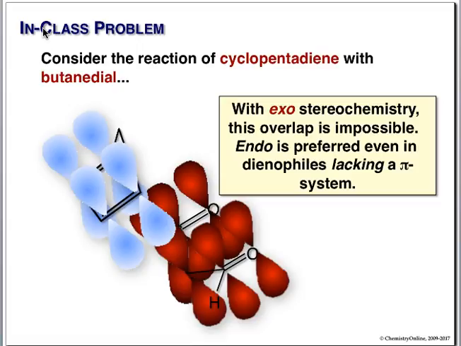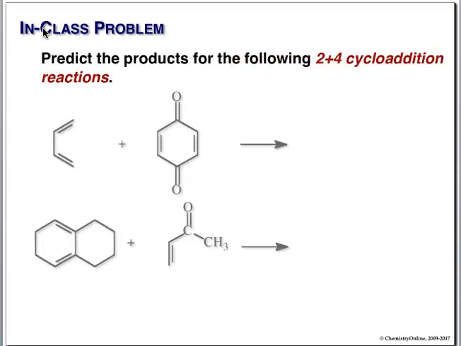Now with something like the carbonyl group, it's really easy to see. That's why I used it. But it also works on systems that don't have a pi system at all. Again, there are electrons there. The electrons like to snuggle up with other electrons. So bottom line, we always get endo stereochemistry.